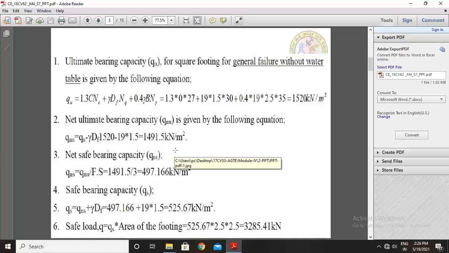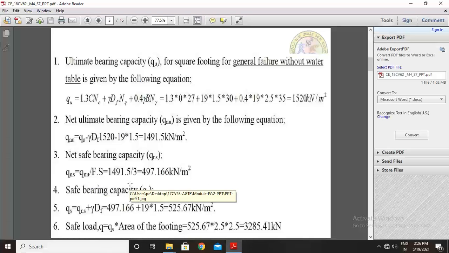Net safe bearing capacity is given by the equation qnu by factor of safety. Now substitute the values. Net ultimate bearing capacity is 1491.5 divided by factor of safety 3. So the answer is 497.166 kilonewton per meter square. This is the net safe bearing capacity.